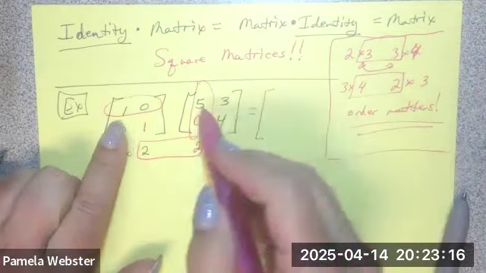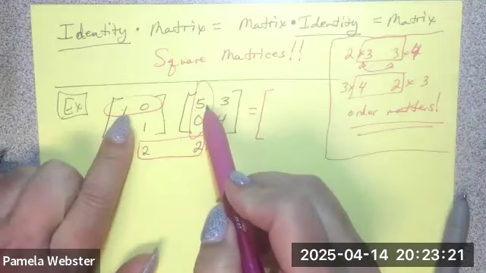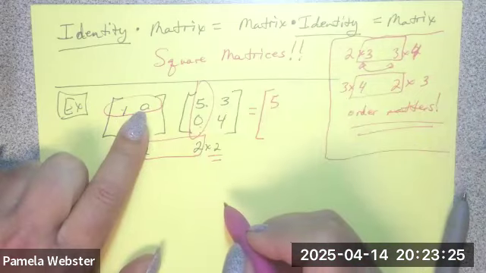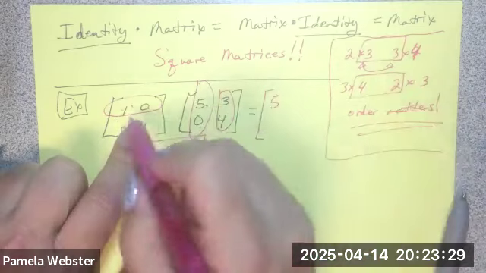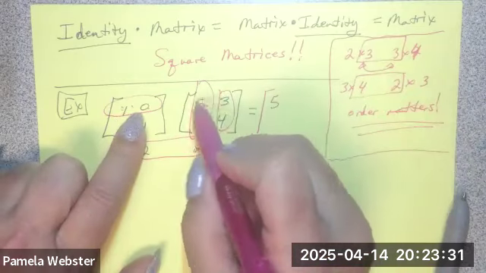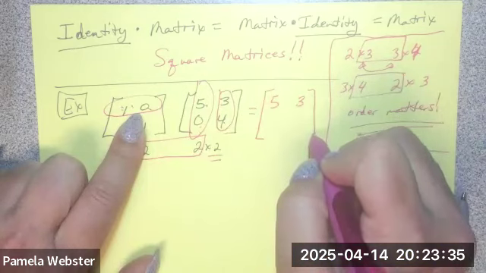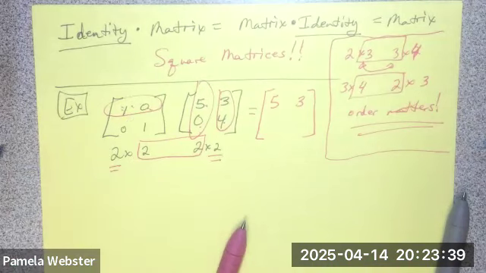So what do I have in the first row, first column? 1 times 5 is 5, plus 0 times 0 is 0. 5, right? Okay. First row, second column. 1 times 3 is 3. 0 times 4 is 0. 3 plus 0 is 3. Okay.